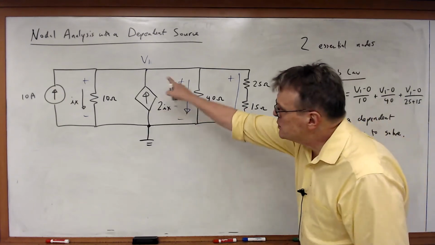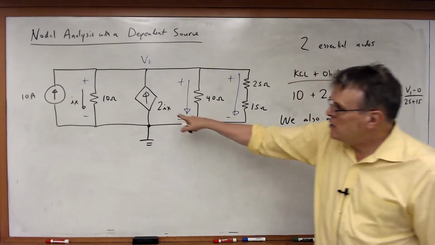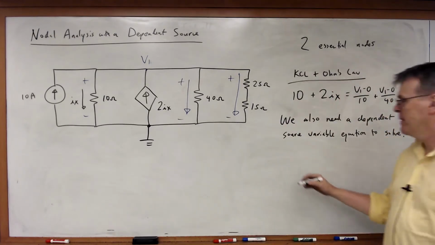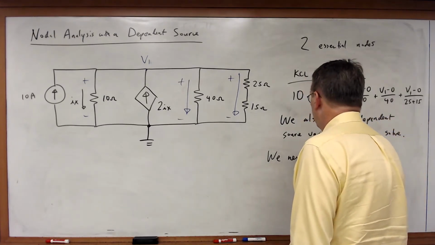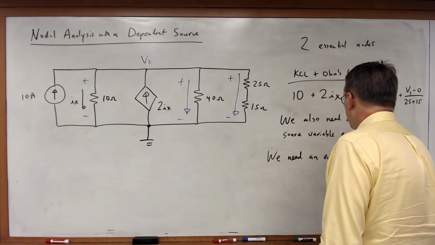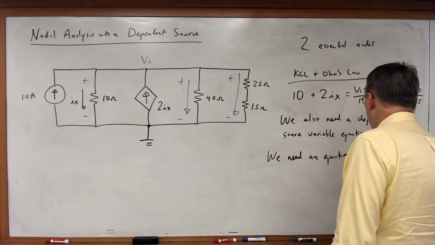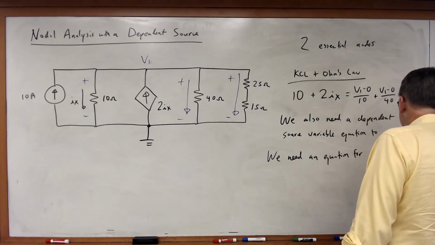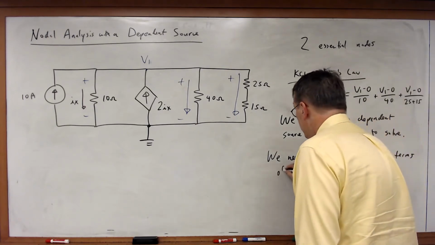I've got a dependent source in this circuit. It uses Ix. I need an equation for Ix. And I need that in terms of node voltages.